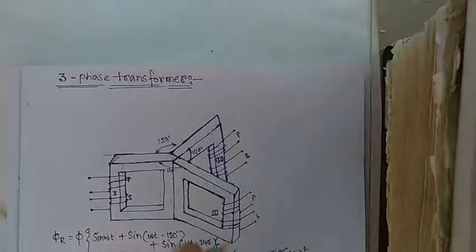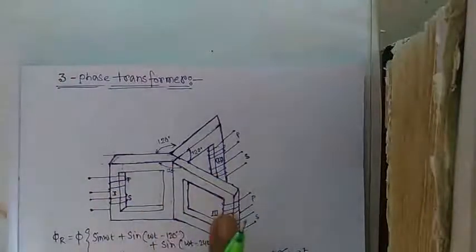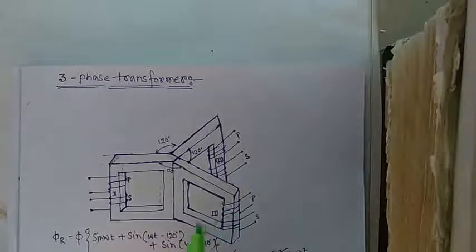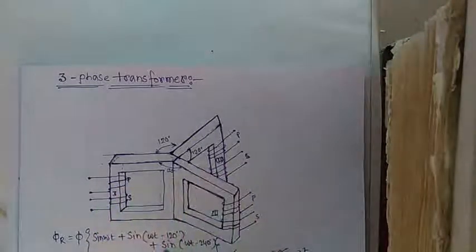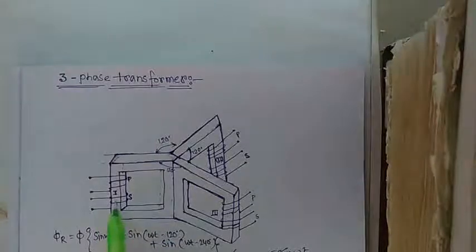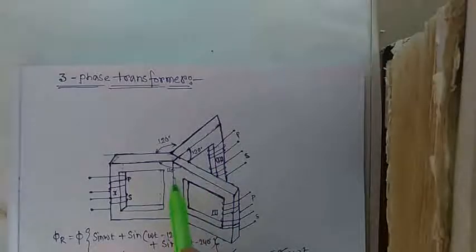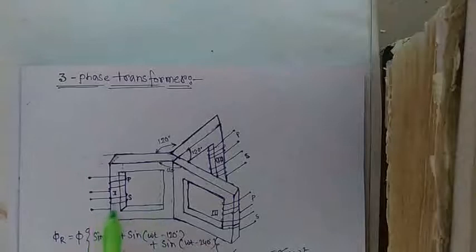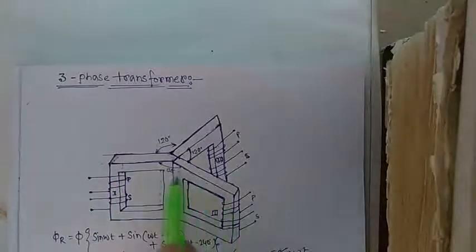Now the phase currents in the primaries produce three-phase flux, that is 120 degrees apart. The flux flows through their respective limbs as well as through the center limb.